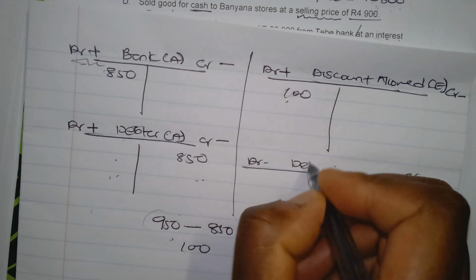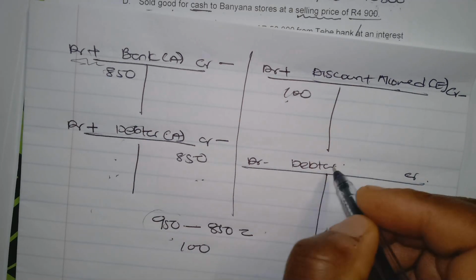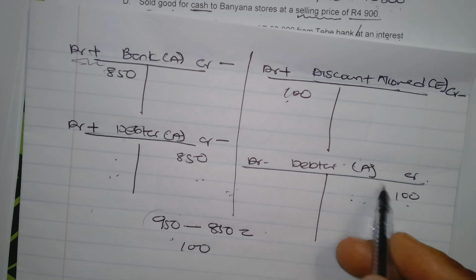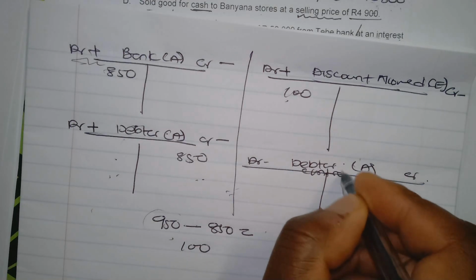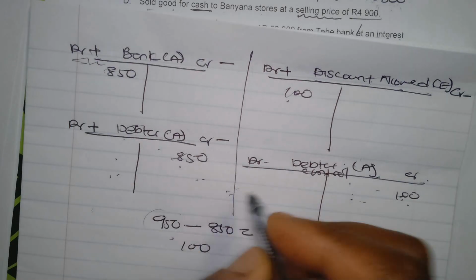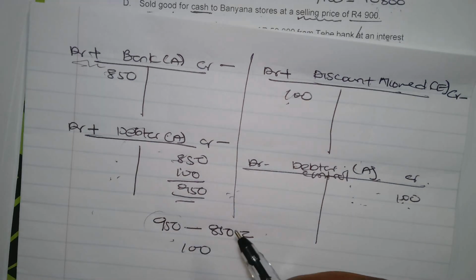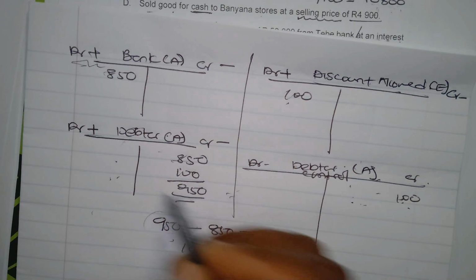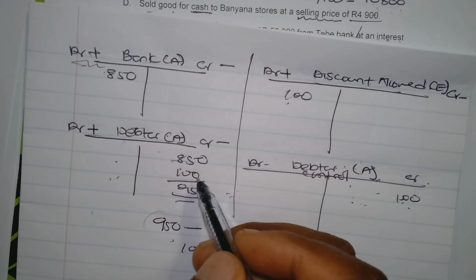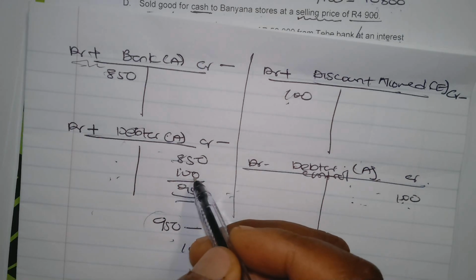So here is the debtor. Yes, I've written it separately, but when I look at this, it's the same account. Let's say I wrote it in one place. Can you see that the total will be 950? Given that he settled his account, that guy gave me 100 rand. He said I can pay 850.